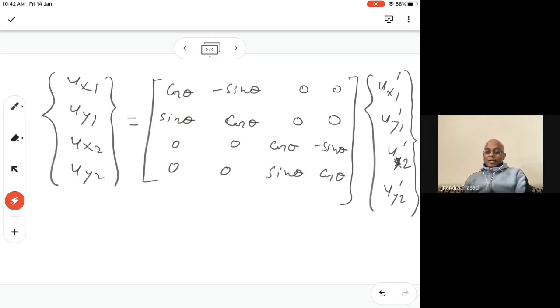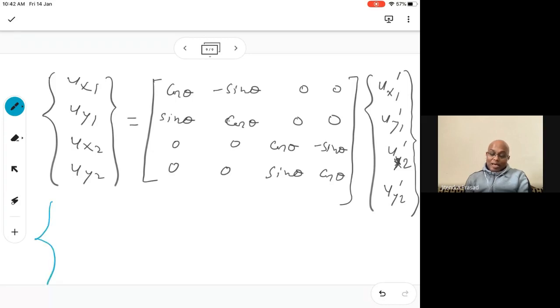Now we know the relationship. Before we proceed, we know that for the displacement we have this relation. Remember that our forces are also vectors, so a similar kind of analysis can be done.